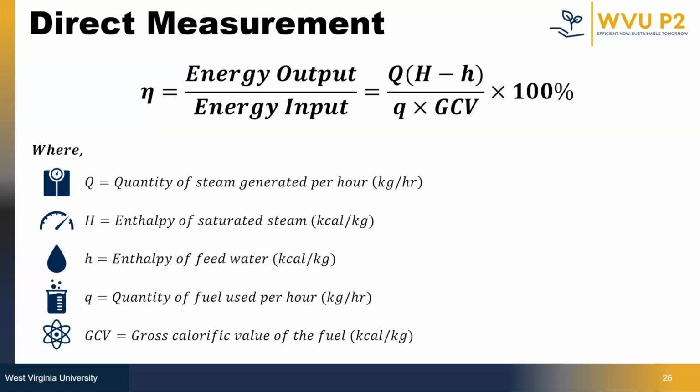The gross calorific value of different fuels is easy to find, but accurately measuring the quantity of the fuel used can be challenging. To measure the output, we need to calculate how much steam is generated and how much heat that steam gained from what was fed into the boiler as water.